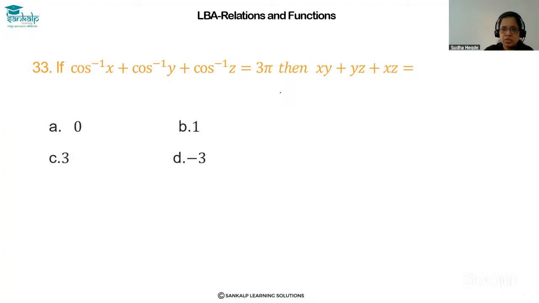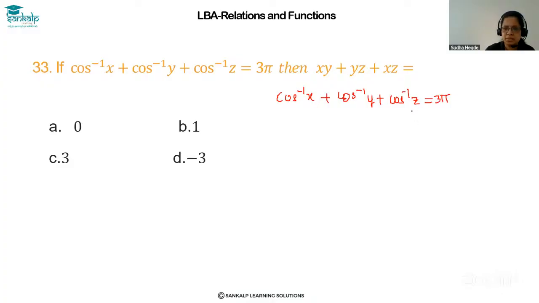So given cos inverse x plus cos inverse y plus cos inverse z is equal to 3 pi. Correct? 3 pi they have.